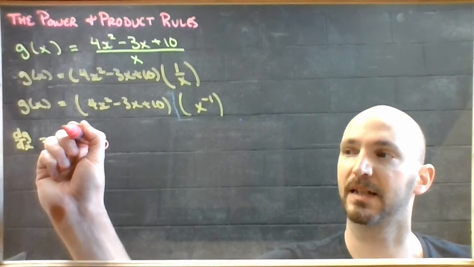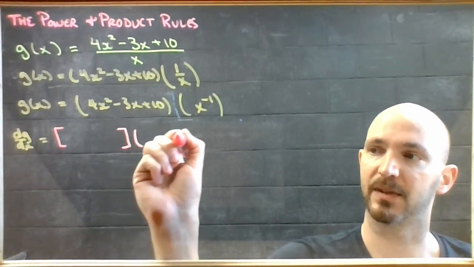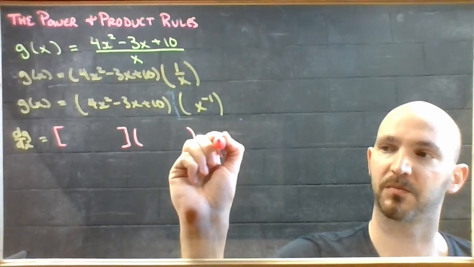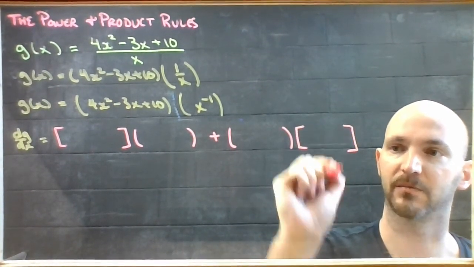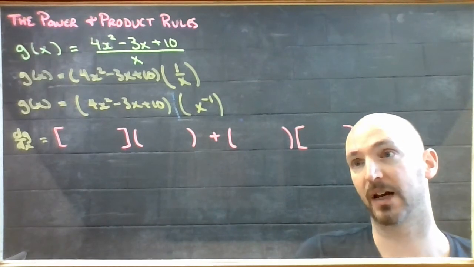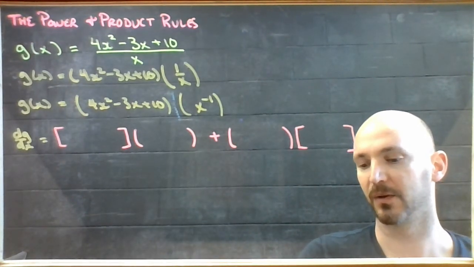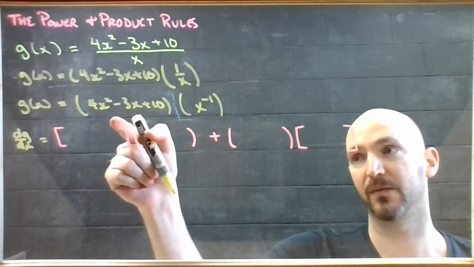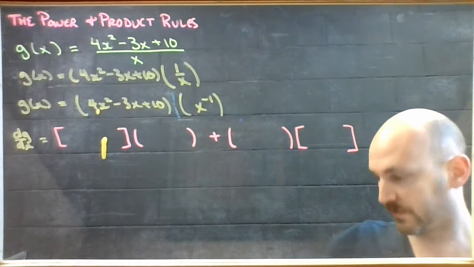I'm going to need to take the derivative of the first, leave the second alone, plus leave the first alone, derivative of the second. I know I'm going to have to do that before I get started, so I might as well build myself some structure. So the derivative of my first part, wow, that's gross.